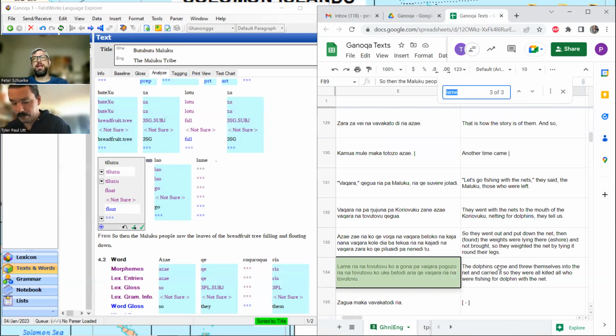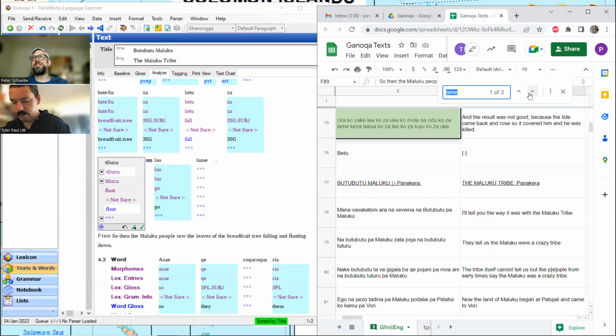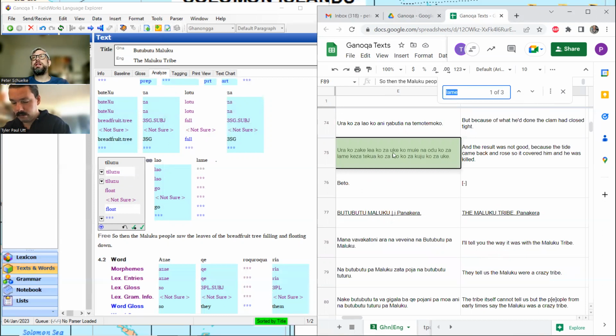And it looks like they came, the dolphins. Lame ria natovutuvu, they came. So here we're getting ria a lot for only subjects. Okay. We got the first Lame, which we've already looked at, and the results were not good because the tide came back and rose. We get Lame here with our first story, and we didn't solve it.